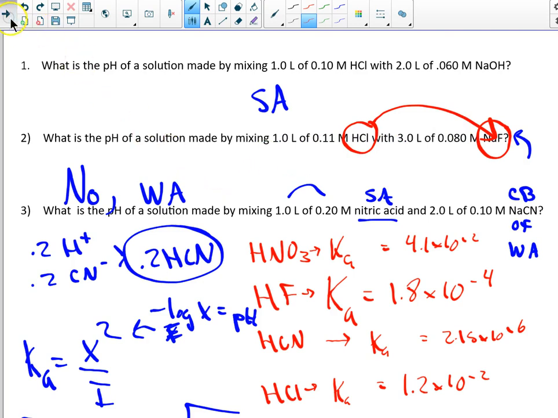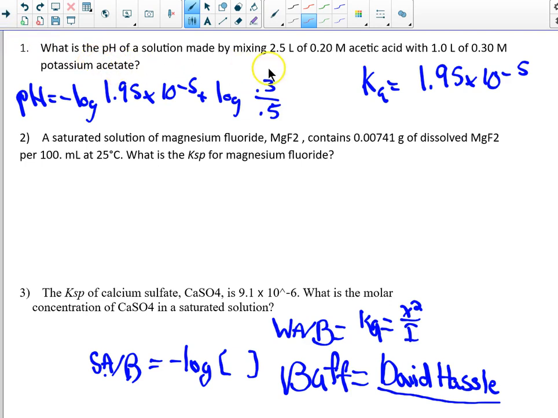But come over here. This one gave you the amount of acid already. Acetic acid is a weak acid. So it already just gave you straight up moles. And then it also gave you the moles of the acetate.